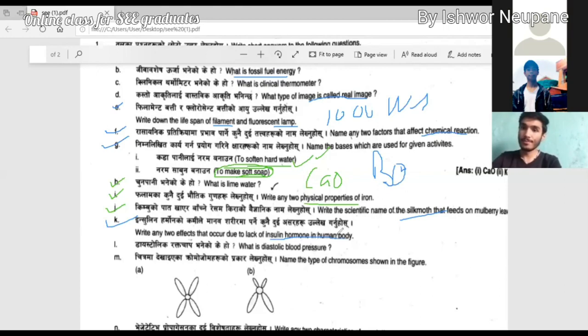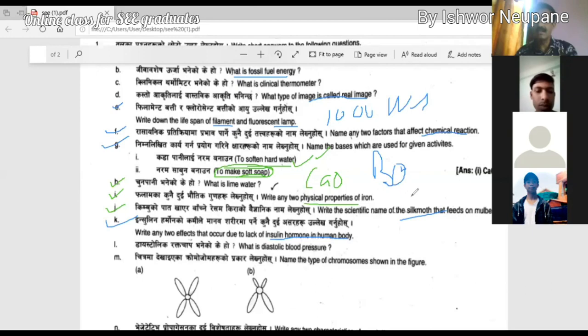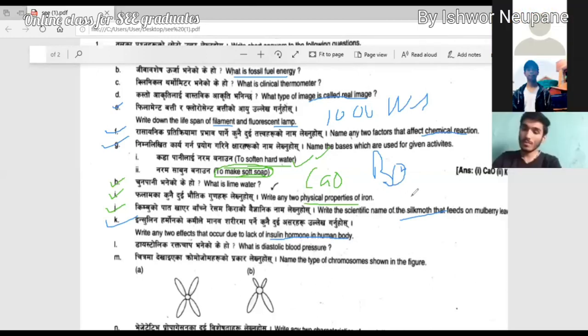What happens when there is less insulin in our body? Frequent urination, dizziness, wounds do not heal quickly, or excessive thirst, also you can say.